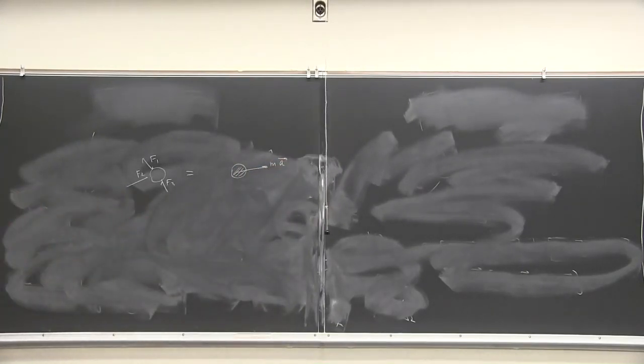And you can identify all of the forces that are acting on this object, as well as developing the equation of motion in any coordinate system that you are interested in.